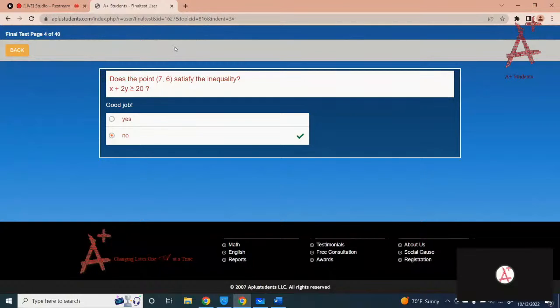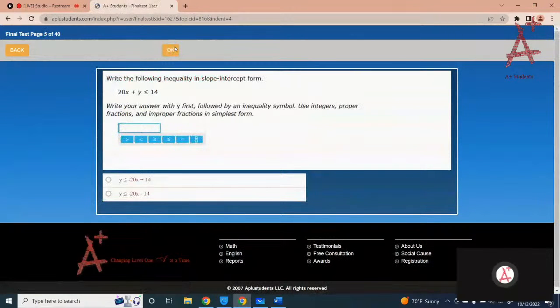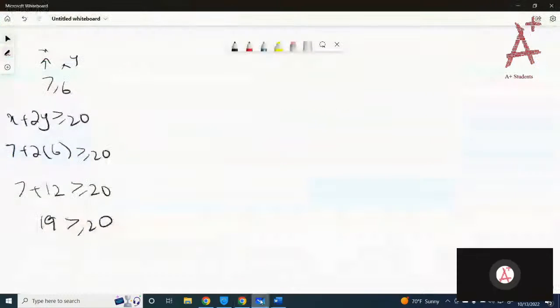Okay. The next one is write the following inequality in the slope intercept form. Write your answer with y first, followed by an inequality symbol. Use integers, proper fractions, and improper fractions in simplest form. Okay, you have to write the equation in slope intercept form. So what is slope intercept form?